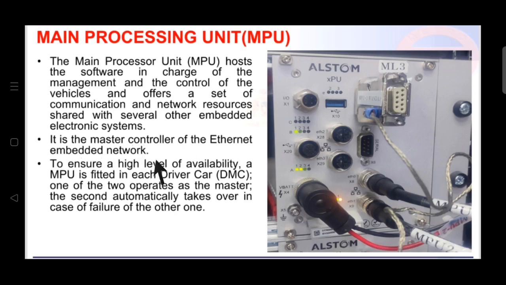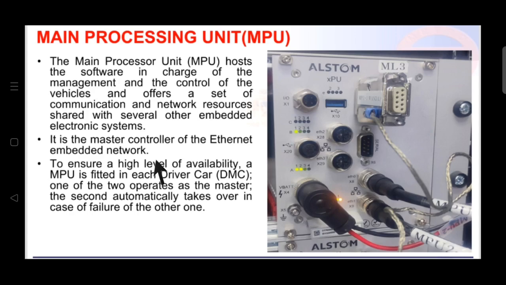Fourth, it is the master controller of the Ethernet embedded network. So what does it mean? For example, in TCMS there are different control electronics. Those control electronics are linked with each other with the help of the Ethernet embedded network. For the Ethernet embedded network, the main processing unit is the master controller.